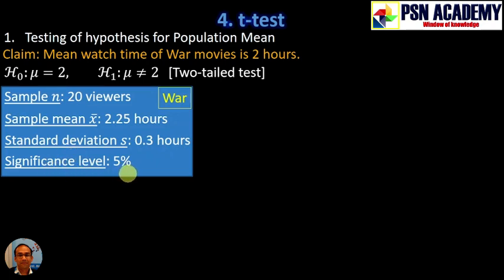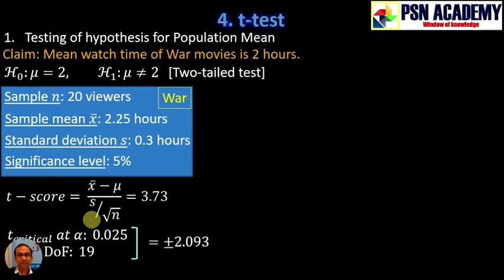That means a threshold. So that is 0.05. Clear? We go for the t-score, and this is the formula: sample mean minus population mean by the standard error, and you will get 3.73. Say we have got 3.73 as our t-score.